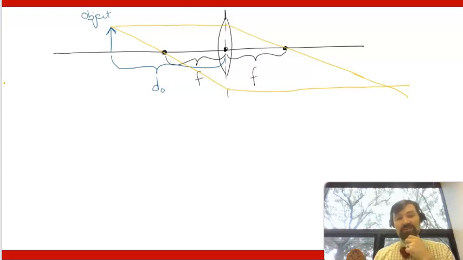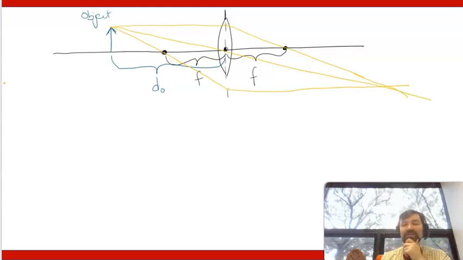Now, as a triple check, I can draw another ray from this object through this point that I've labeled here, and that ray should not actually deflect at the lens, and so it just continues on as a straight line. And so all three meet at basically the same point. I think this one's a little low drawn, so they really should be meeting about in here.